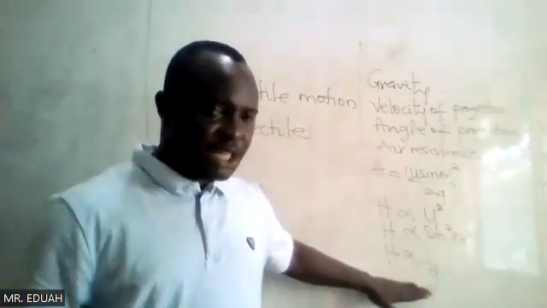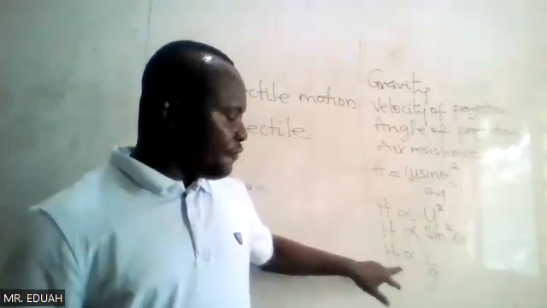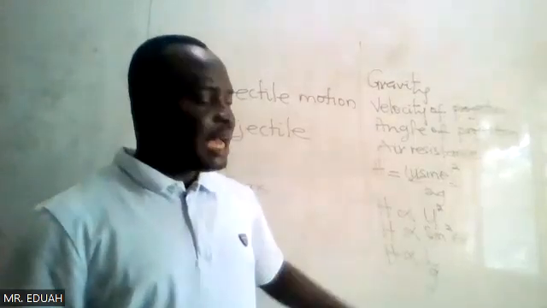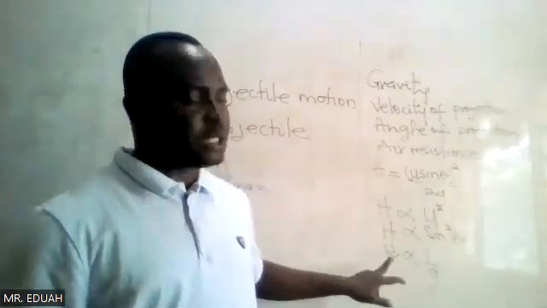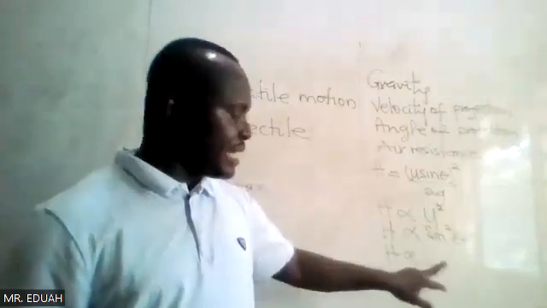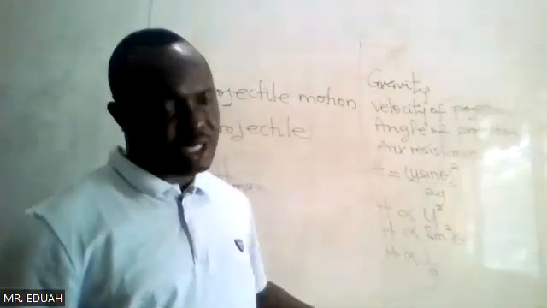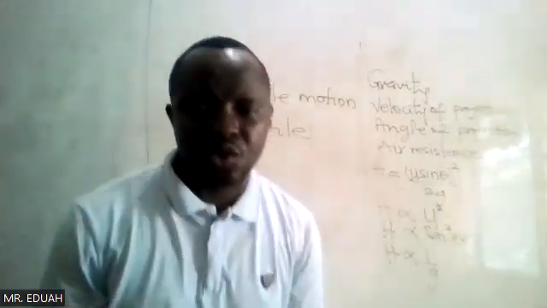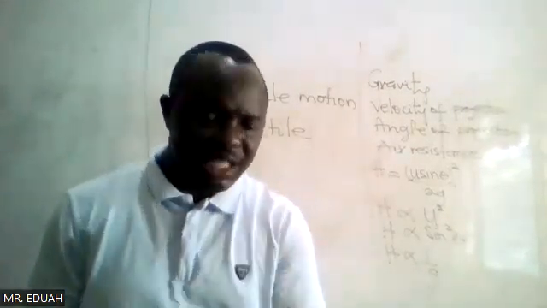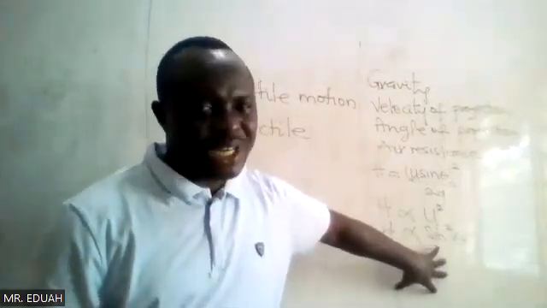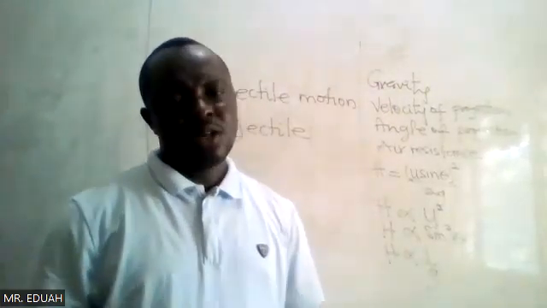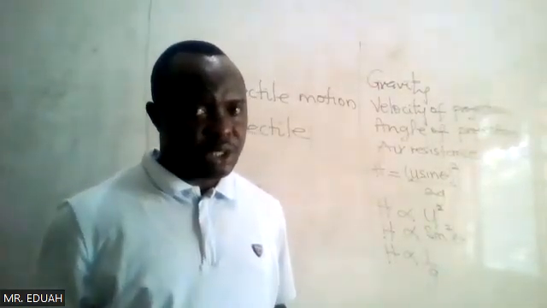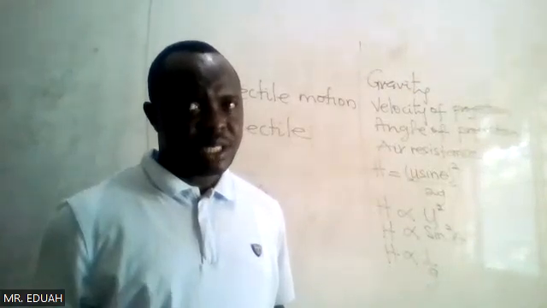The relationship simply means that if two variables are inversely proportional, an increase in one would cause a decrease in the other, and a decrease in the other would cause an increase. But here on the surface of the earth, gravity is constant. So even though it's affected, it will never change so long as we find ourselves on the surface of the earth. Please, is that point understood? Is it understood?